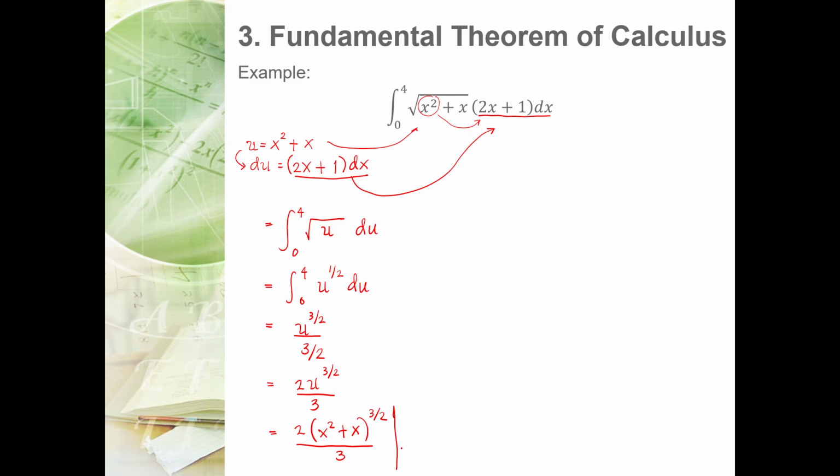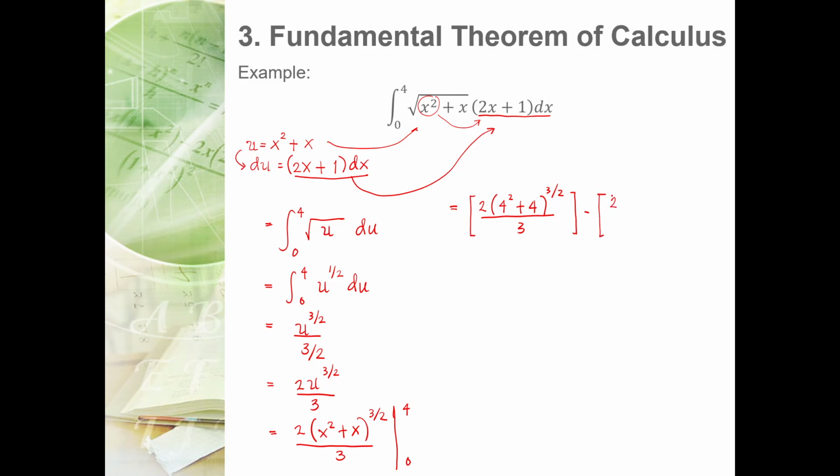Then apply the limits of integration, from 0 to 4. So starting off with the first limit, that will be 2 times, 4 squared plus 4, then 3/2 all over 3, then minus the second limit, which is 0.